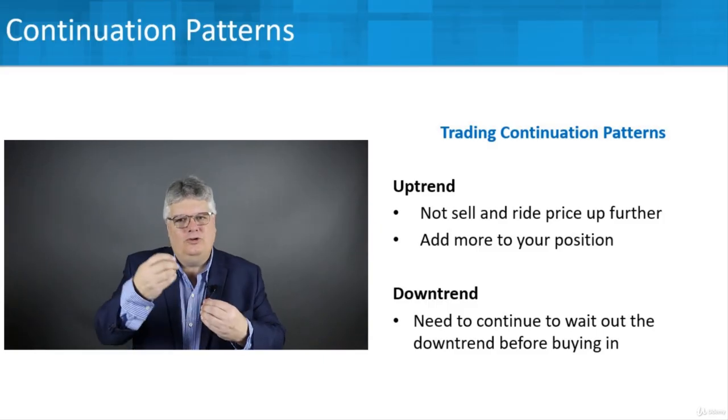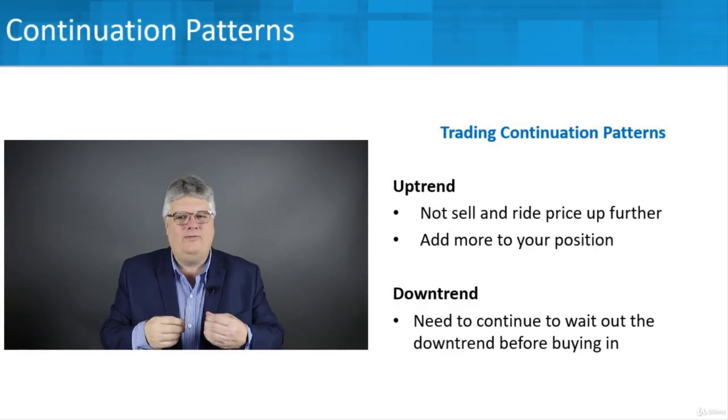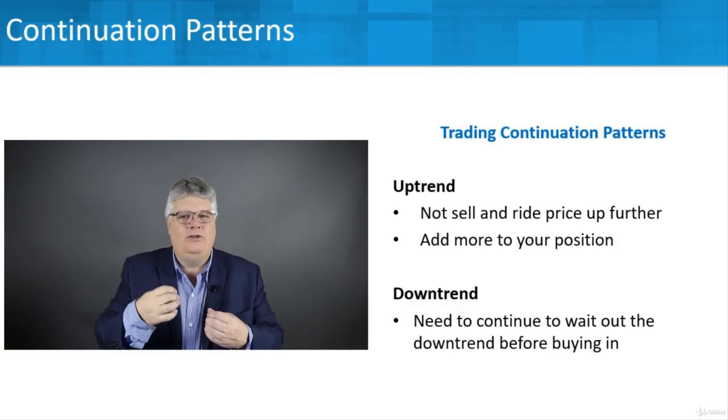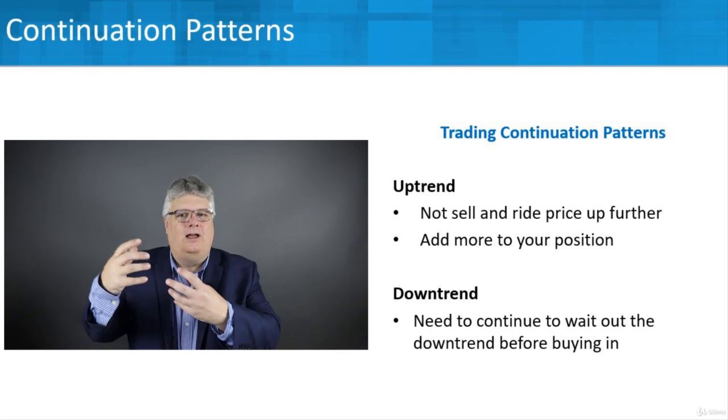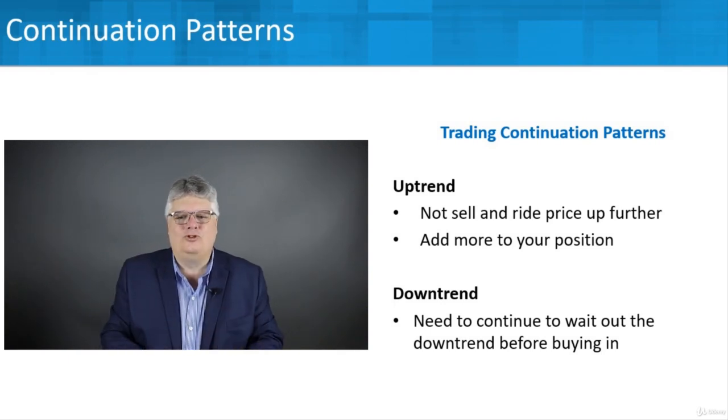In fact, what you could do in some cases is add even more to that trade, keep investing a little bit more in that security. Not only do you have your original investment, but now you see this chart pattern and a continuation pattern is formed. You can add a little bit more, and now you've adjusted your position to ride an upward trend.